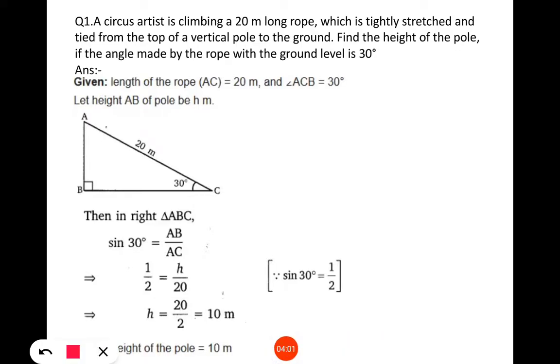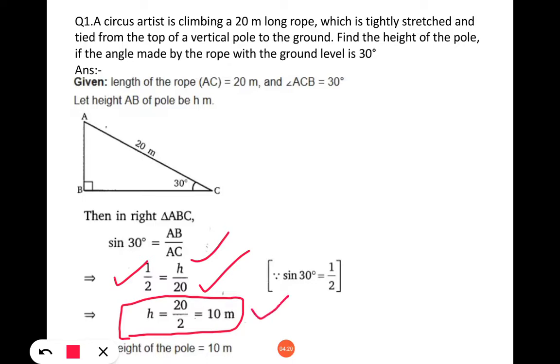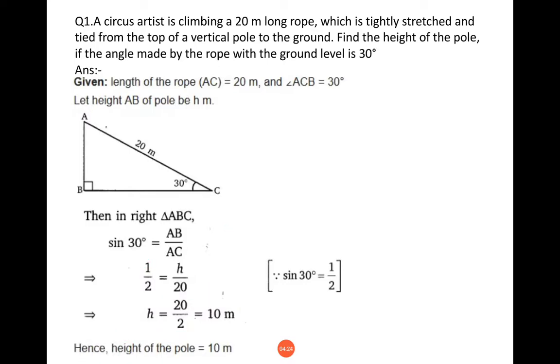On substituting the values, we have sine 30° as half or 1 by 2, AB h, AC 20. On cross multiplying, we have height of the tower or the pole is equal to 10 meters. So required height of the pole is 10 meter.